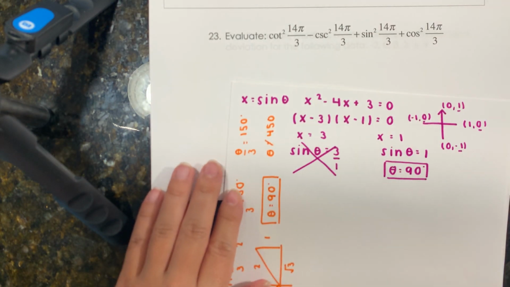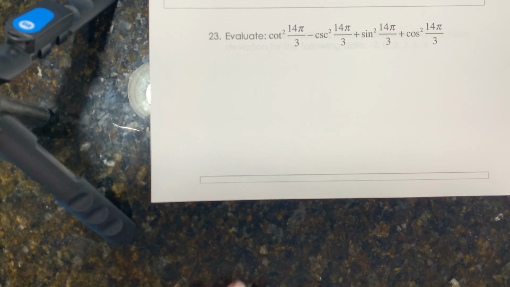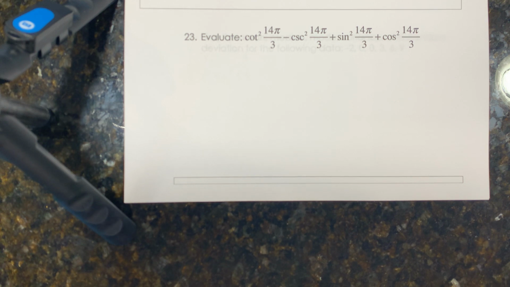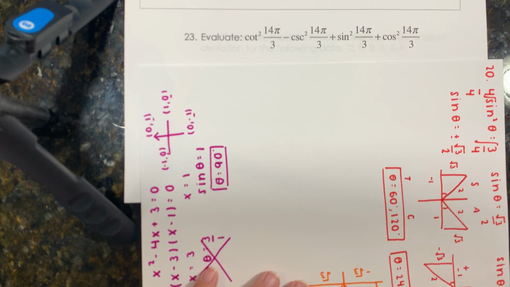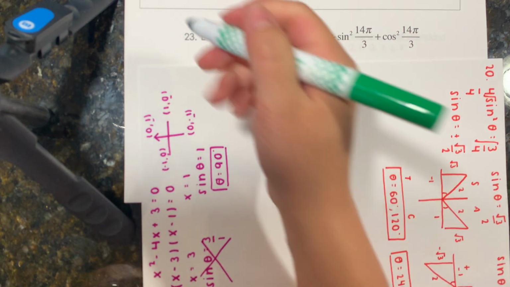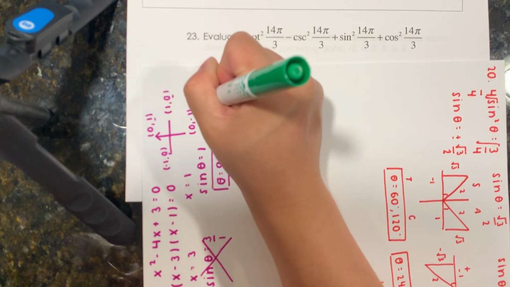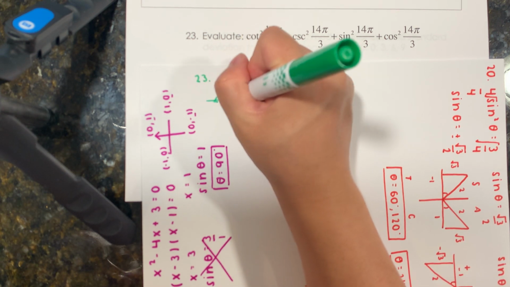Now looking at this problem here, number 23, we have evaluate cotangent squared of 14 pi over 3 minus cosecant squared of 14 pi over 3 plus sine squared of 14 pi over 3 plus cosine squared of 14 pi over 3. I'm going to start by making my little snowflake chart for this one, for over 3. So that would be 1, 2, 3, 1.